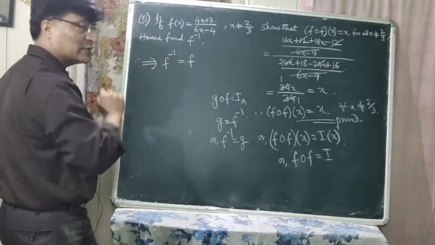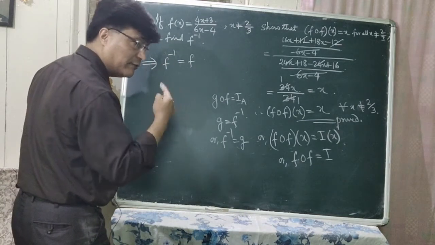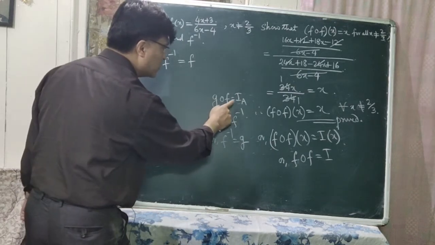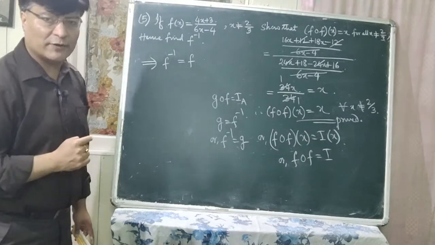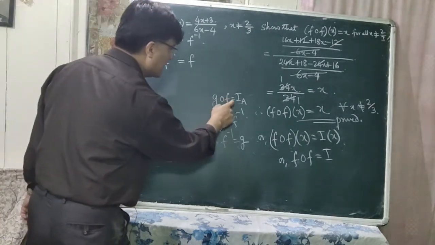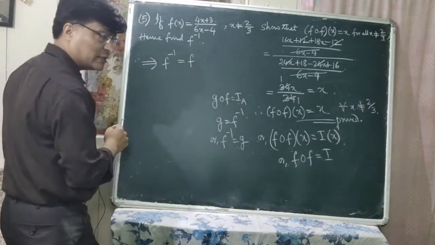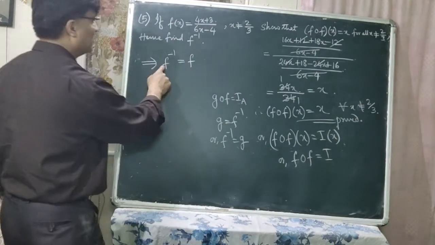So from the definition of invertible function, we know that if f is invertible, then there is a function g such that gof is equal to I_A. If gof is equal to I_A, then g is equal to f inverse. Is that clear? Similarly here also, f is equal to f inverse.